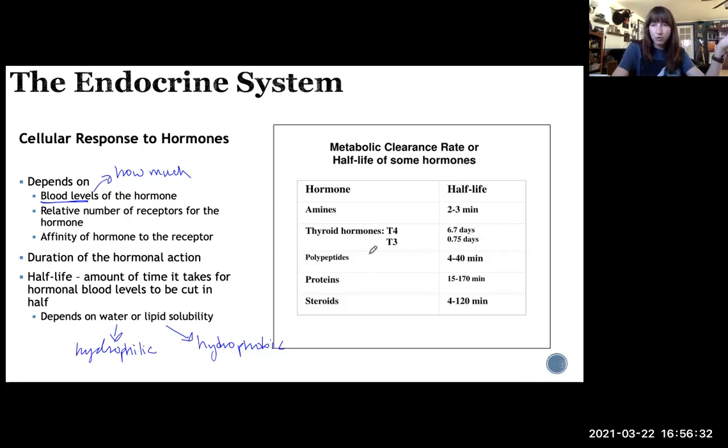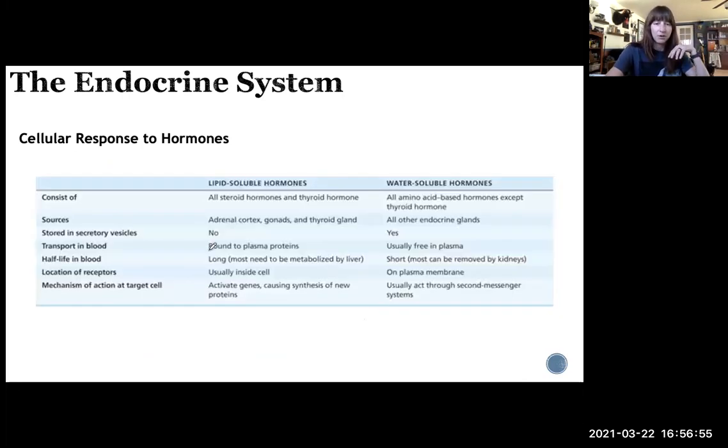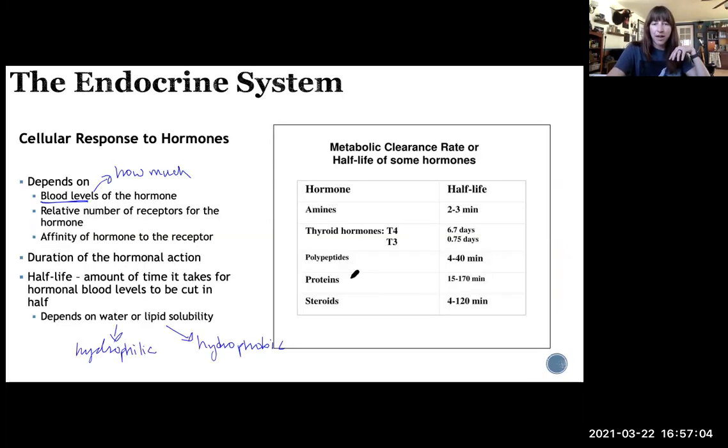Polypeptides, large proteins which are acting as hormones, relatively short. And proteins and steroids, again, relatively short to longer, depending on whether they have more of the hydrophilic or the hydrophobic side chains or groups attached to them, right? So your lipid soluble hormones are going to be your steroids and your thyroid hormones.